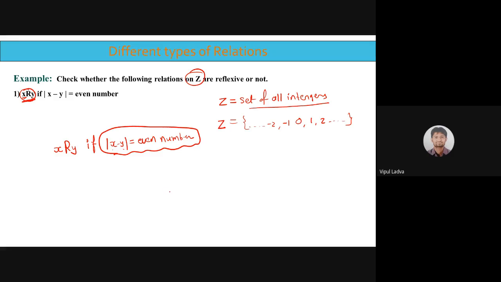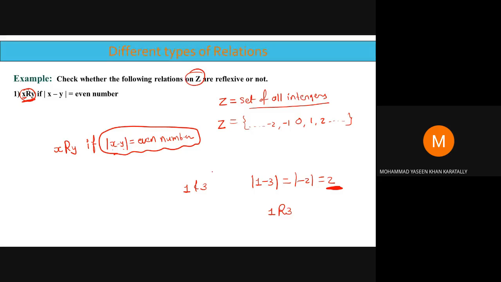For example, if we pick 1 and 3, to check whether 1 and 3 are in relation, we just need to find the absolute value of 1 minus 3. That is 2, and yes, 2 is an even number. So we can conclude that 1 is in relation with 3.